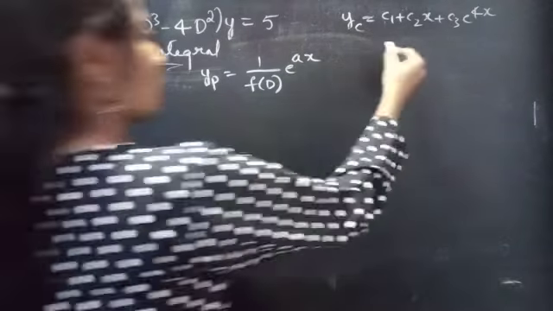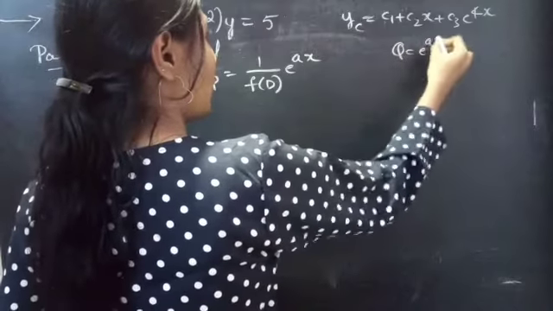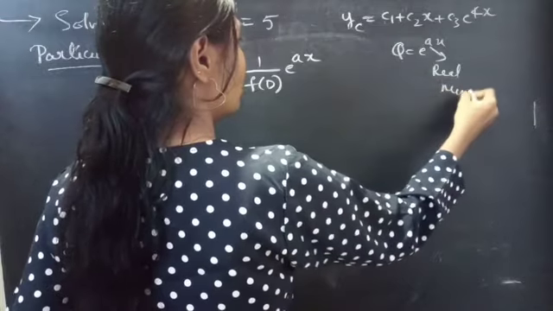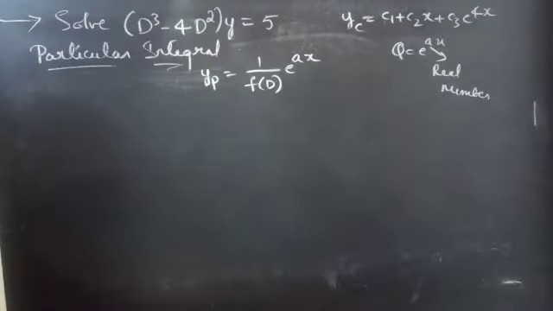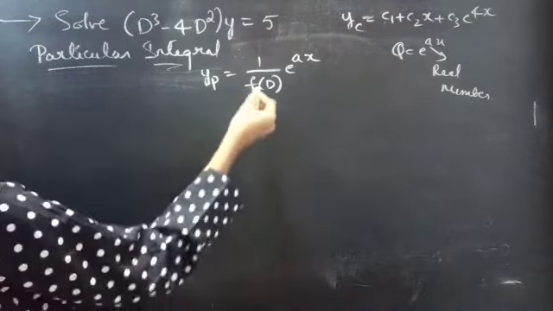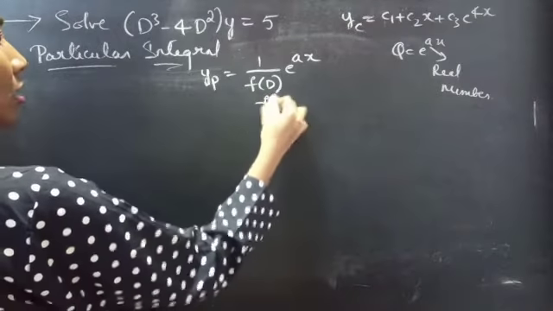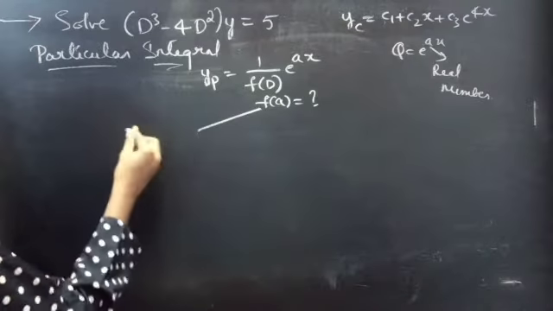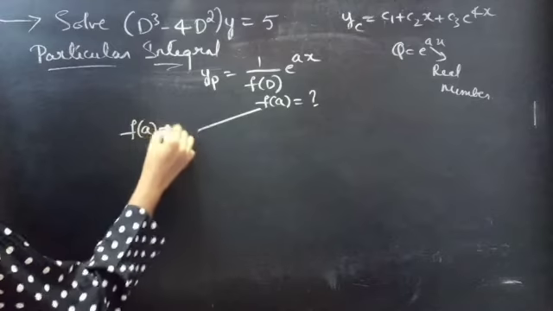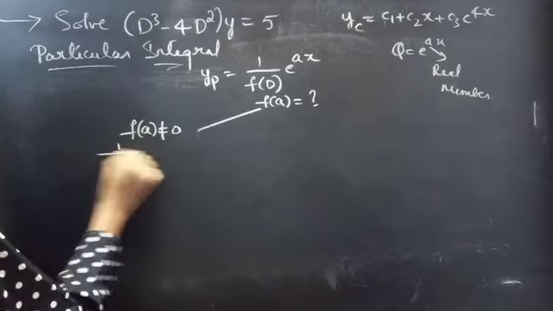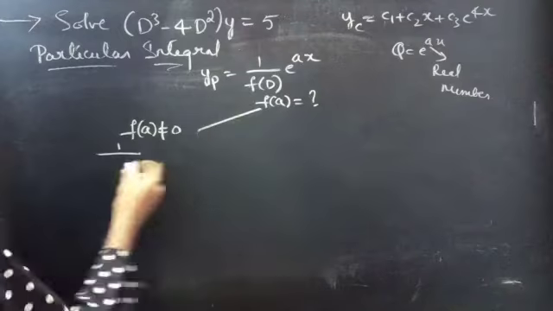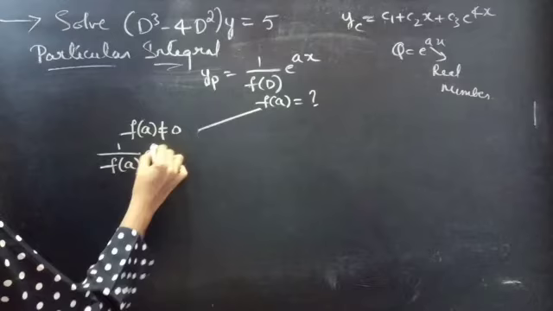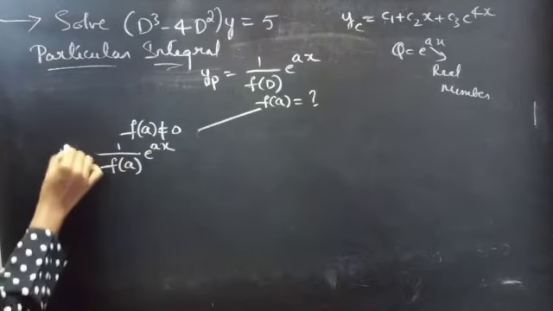So we are talking about Q equals to e power ax form, where a is a real number in this case only. Now we have to find f of a. If f of a is not equals to 0, then you can substitute a in the denominator. That is, you can replace D by a. Then this will be your yp.